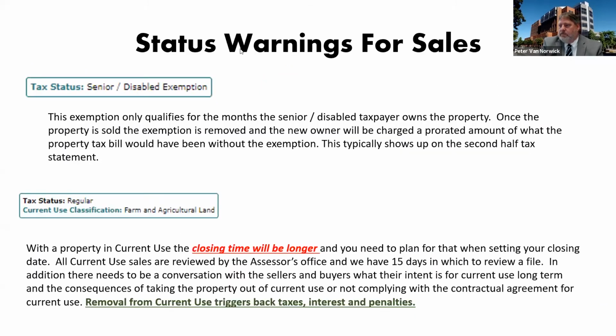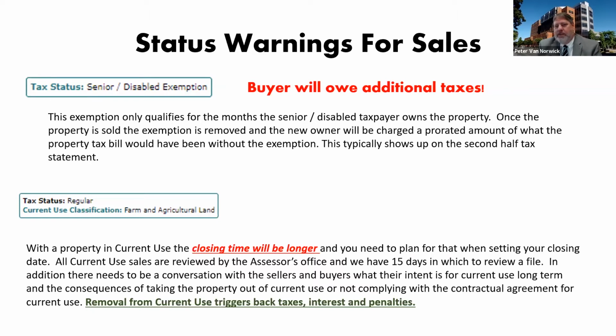So the warning that I have for the tax status: if you look in there and the tax status is senior disabled exemption, what will show up on the PIC is property taxes for that senior. If your buyer buys it halfway through the year, they are going to owe additional taxes, because that reduction in taxes only applies to the months that the senior has it.